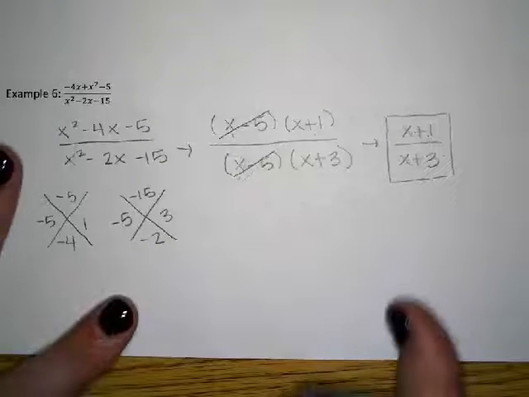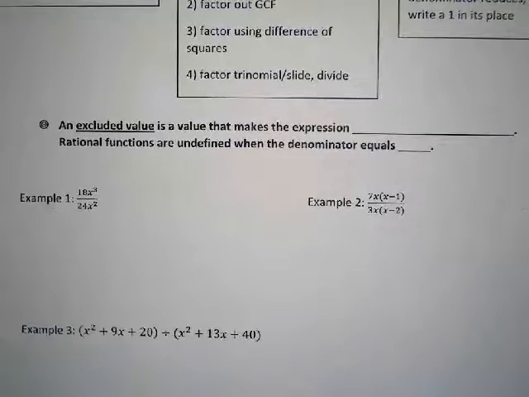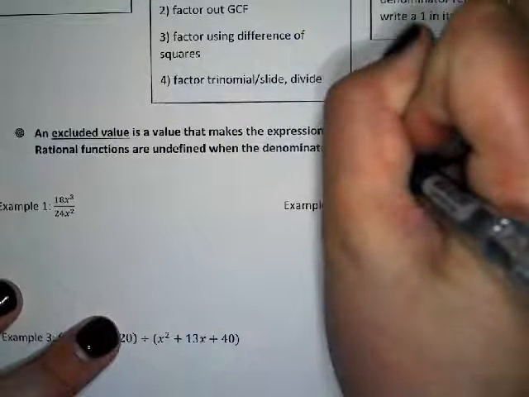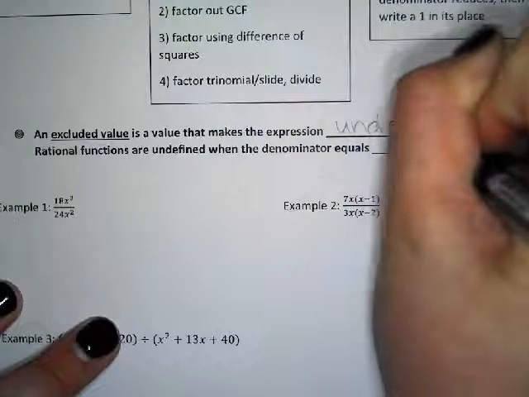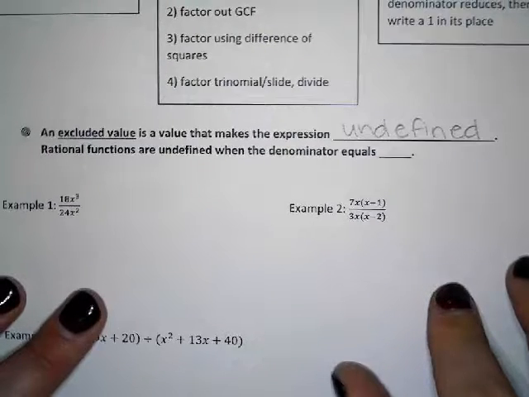Now, we got to go back because there was something in the notes you did not fill out: the word. An excluded value is a value that makes the expression undefined. Did we all write that? Yes.